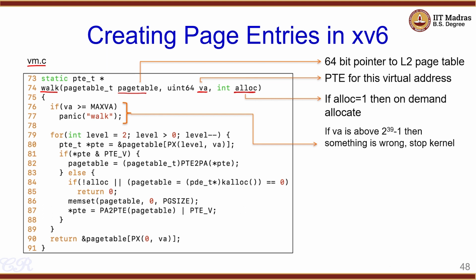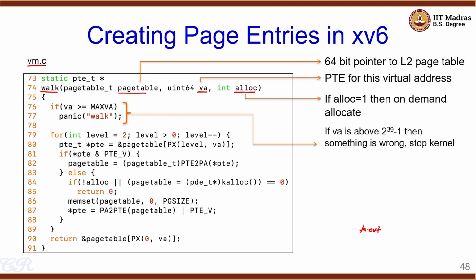Why do we use this function walk? One of the examples would be when we are loading the program for the first time. So we do something like ./a.out, right, and this should essentially create a process.